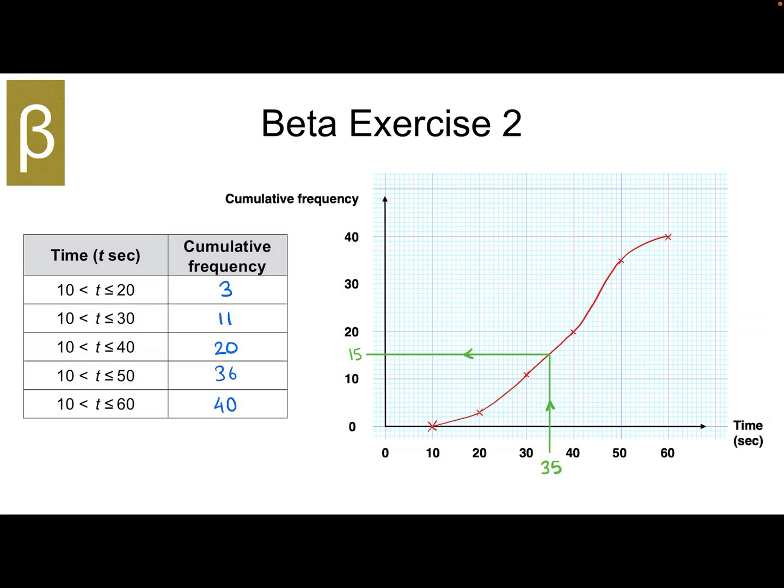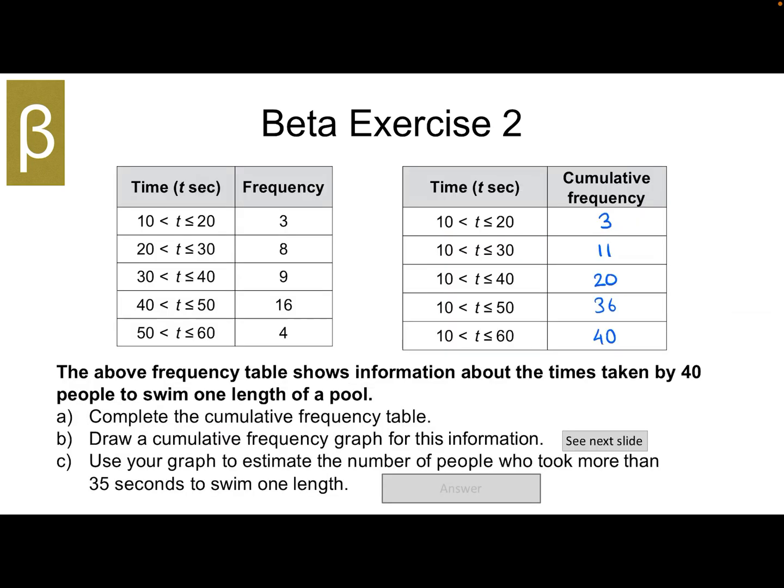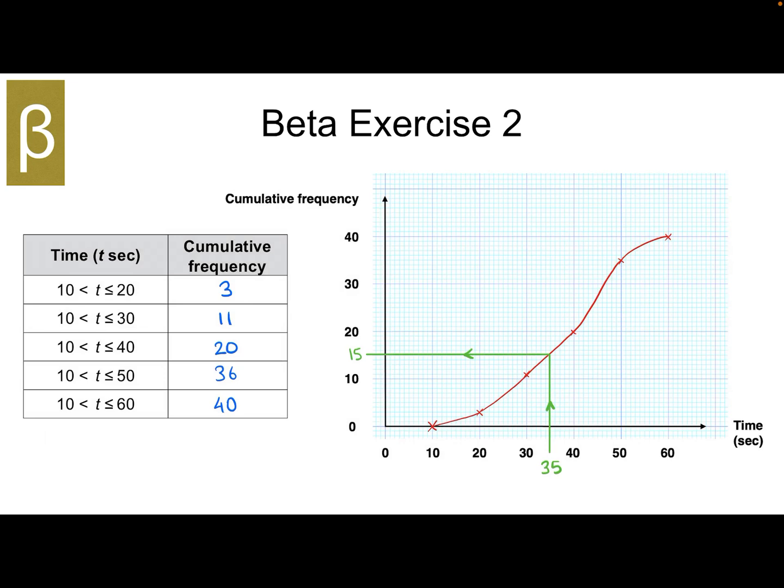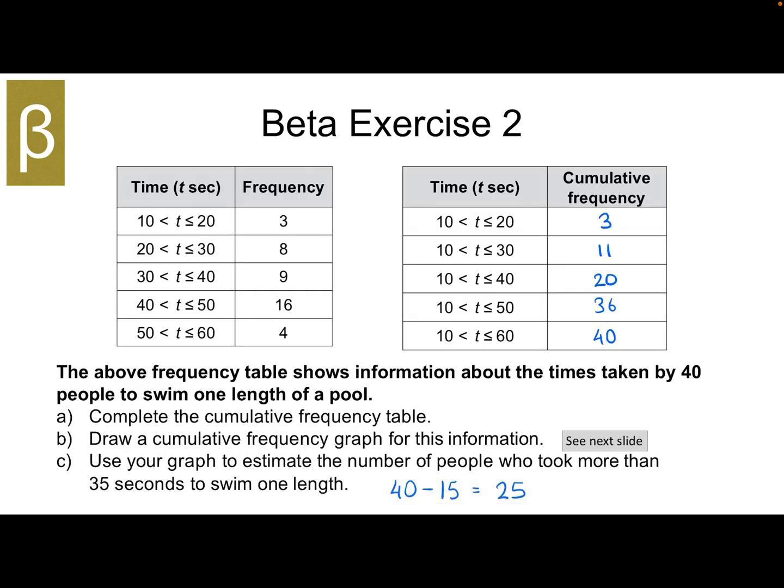Use a graph to estimate the number of people who took more than 35 seconds to swim one length. So be really careful here. The answer is not 15 because we want to know how many more, not how many people less. The answer to less is 15, so the answer to more is 40 minus 15, which would obviously be 25. So the answer is going to be 25, I hope. There it is, 25. So be really careful, read the question carefully.